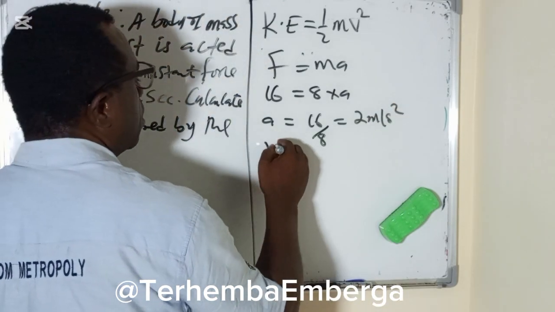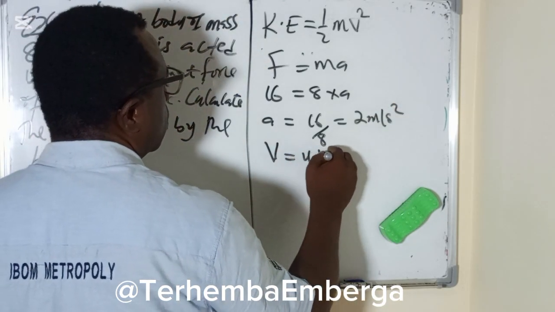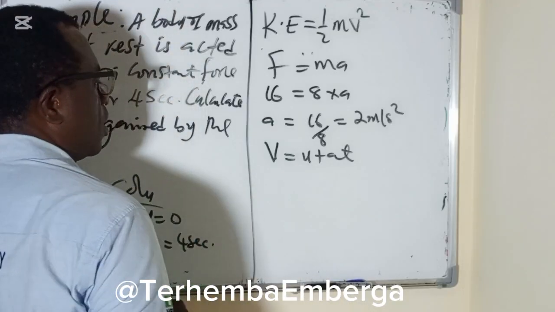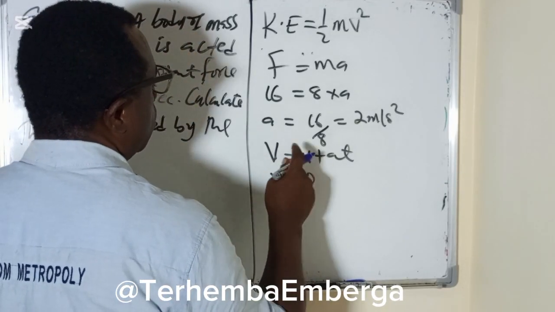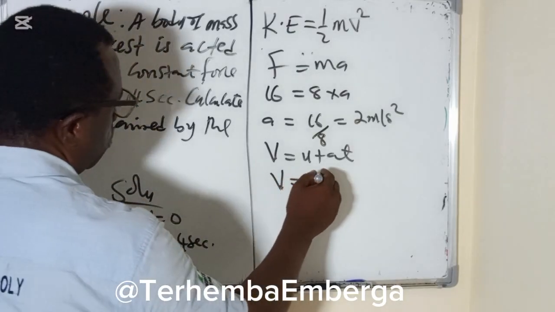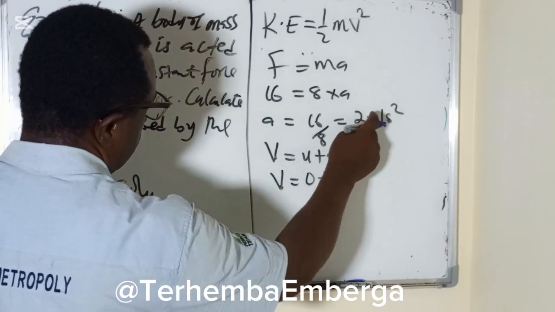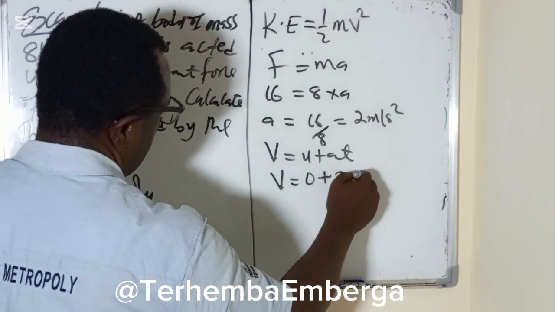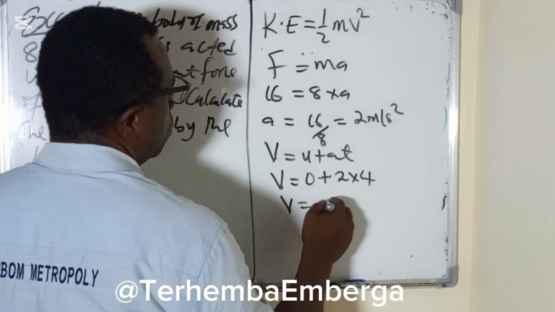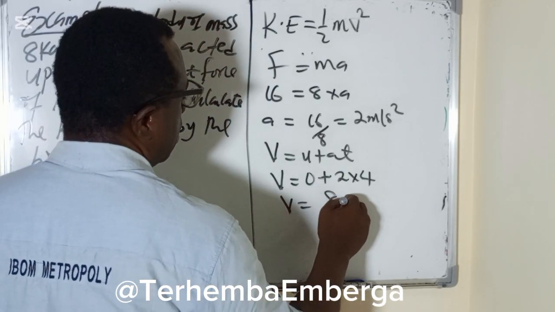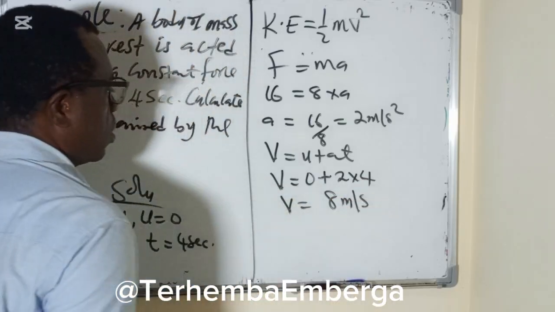So we can now appeal to this equation to calculate v. v in this case will be equal to 0, because u is 0, plus a, which we just calculated to be 2, times 4. And v will be equal to 8 meters per second.